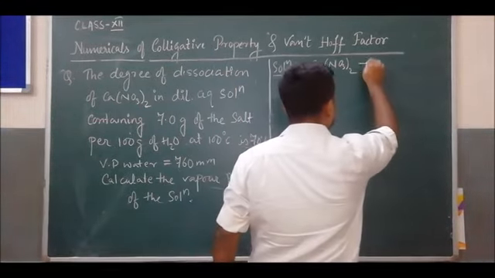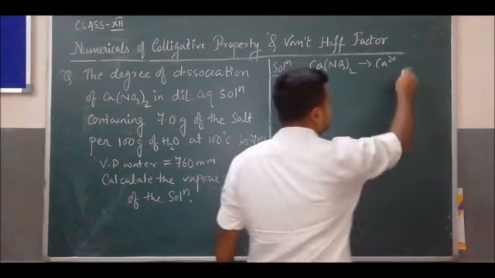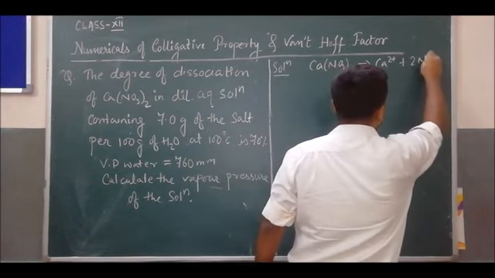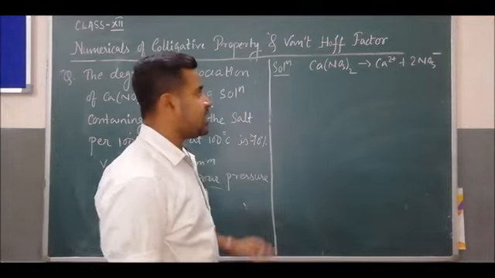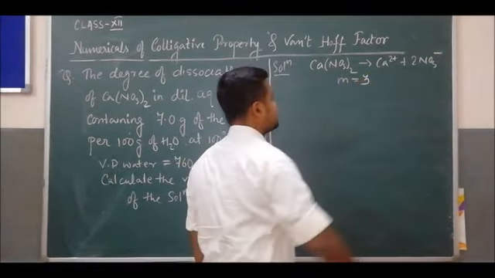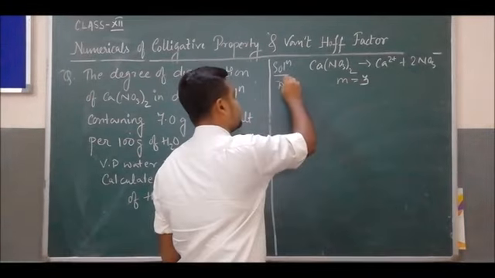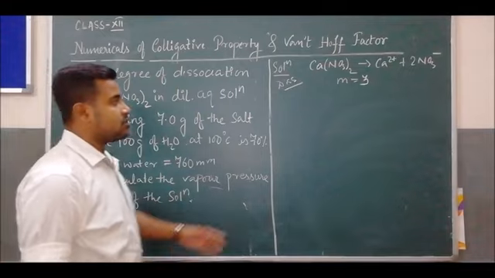When it dissociates, it will dissociate into calcium 2 plus and 2 molecules of nitrate. So what will be the M value? M value is equal to 3. Here the M value is equal to 3, and this question is related to dissociation.